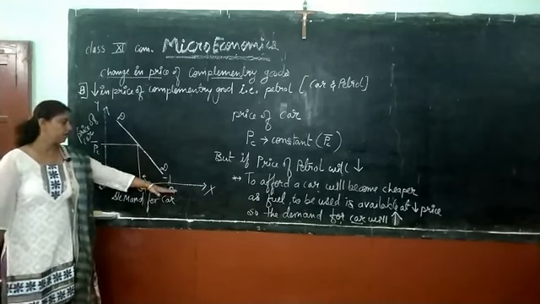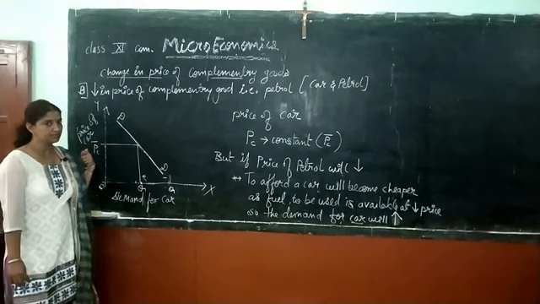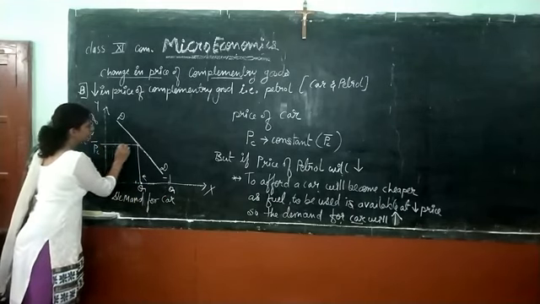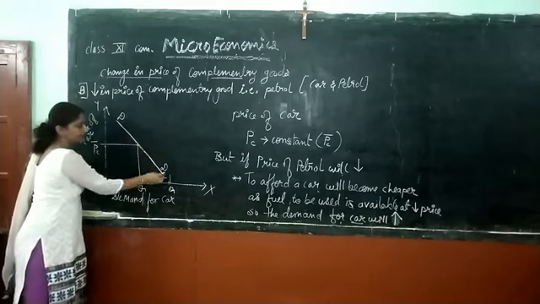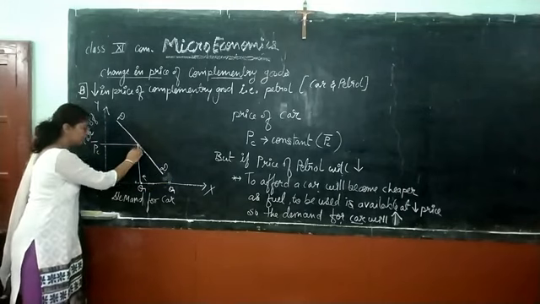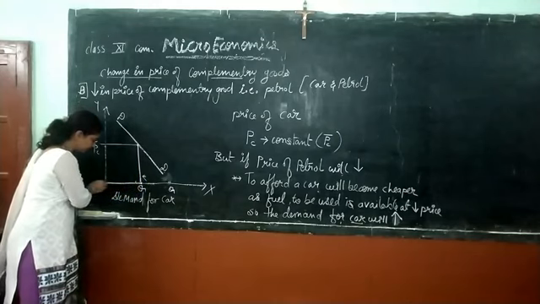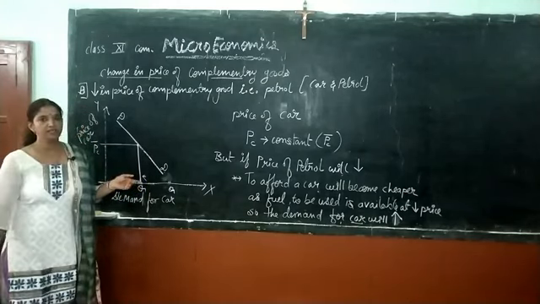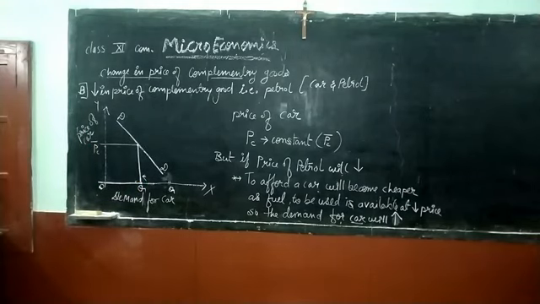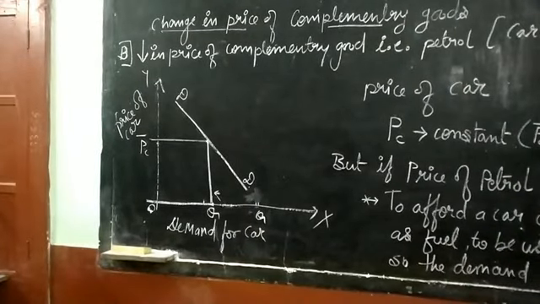In this graph, on the x-axis we have taken demand for cars, and on the y-axis prices, and the price of the car remains constant. This price will be shown by a straight line, and DD is the initial demand curve for the consumer. On this demand, consumers in the market are demanding Q quantity of cars. But we assumed that the price of petrol is reduced, and because of the reduction in price there will be a rise in demand.